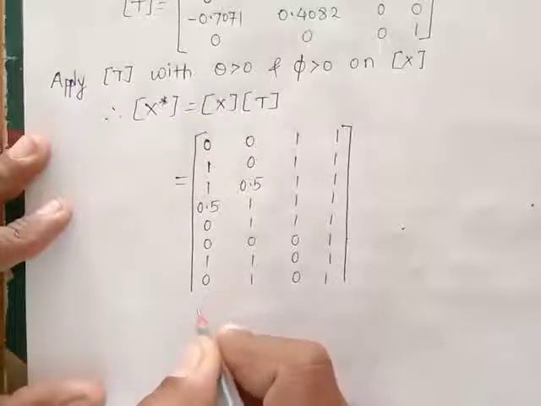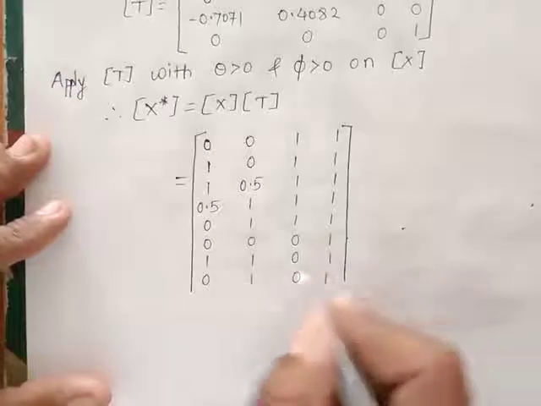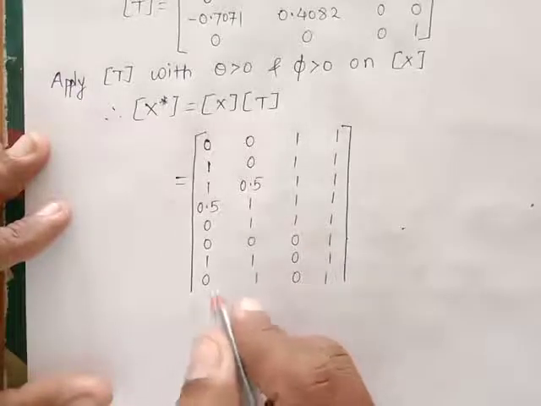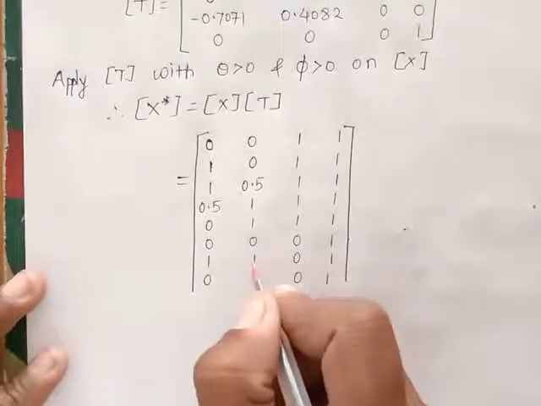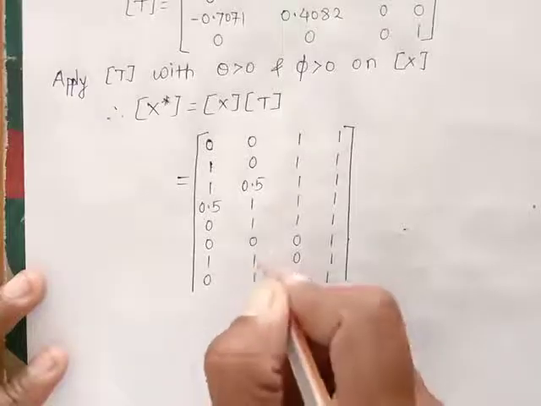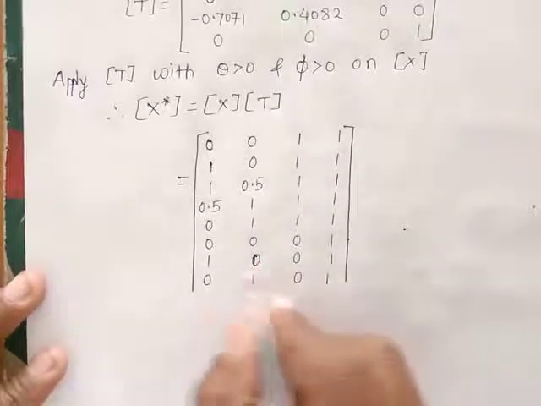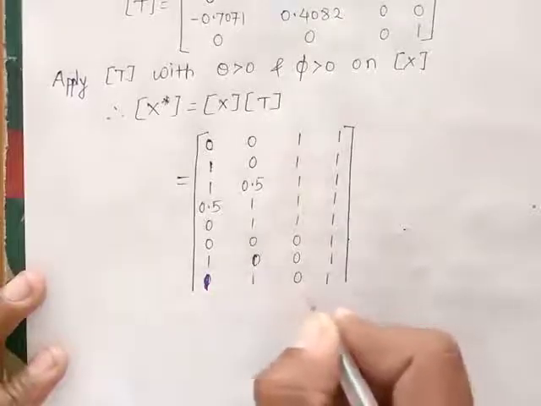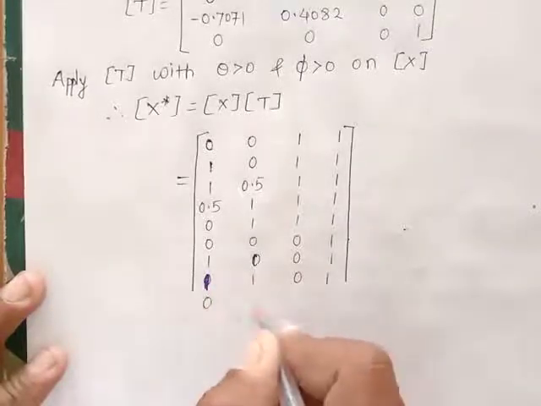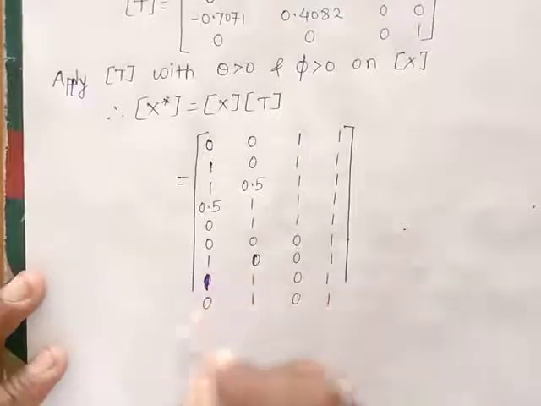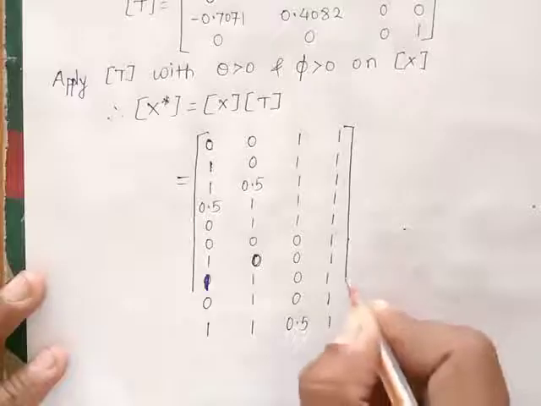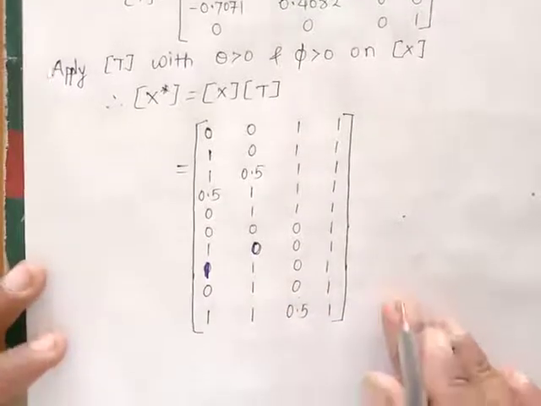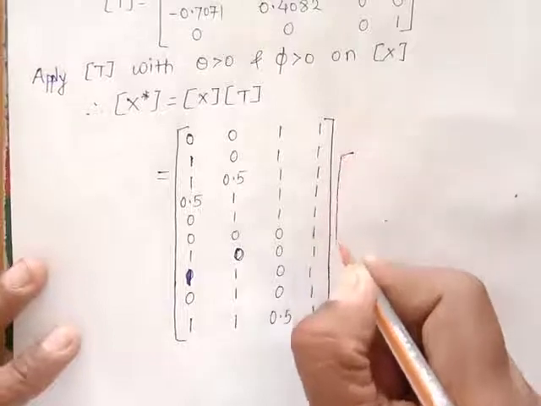Then 1, 1, 1, 0, 0; this one is 1, 1, 0, 1; then next 0, 1, 0, 1; remember, here it is 0, and the next one is 1, 1, 0.5, 1, as it is given to us. Okay, pay attention while doing it and also while doing the product.